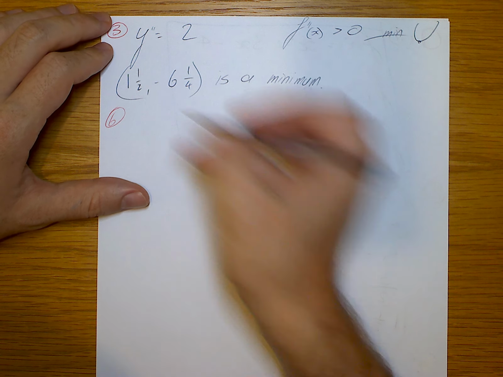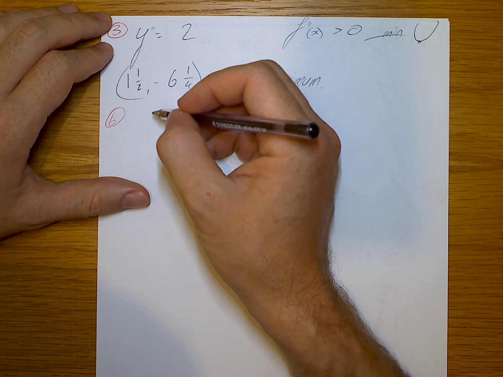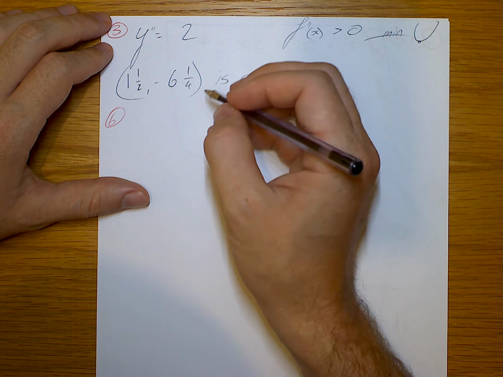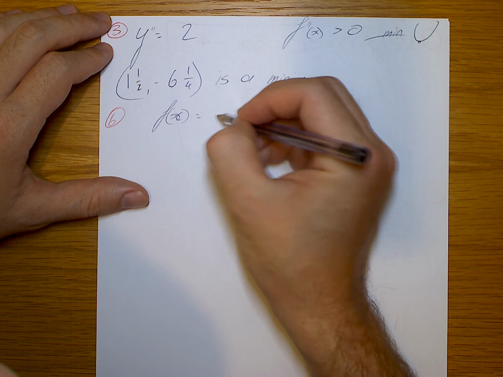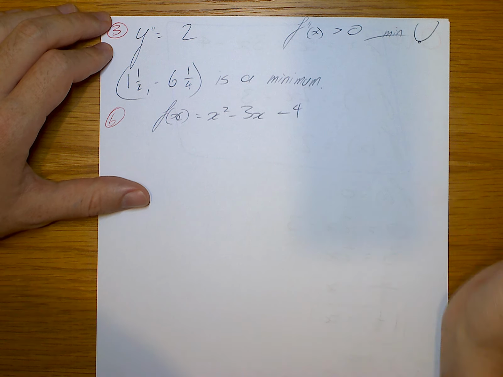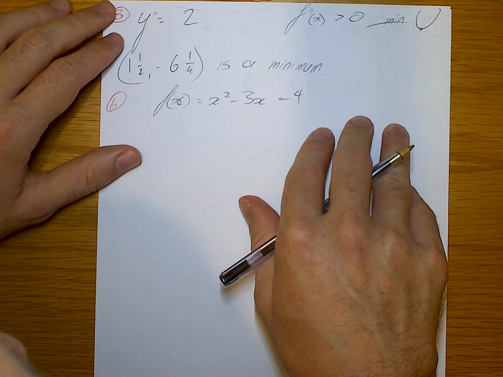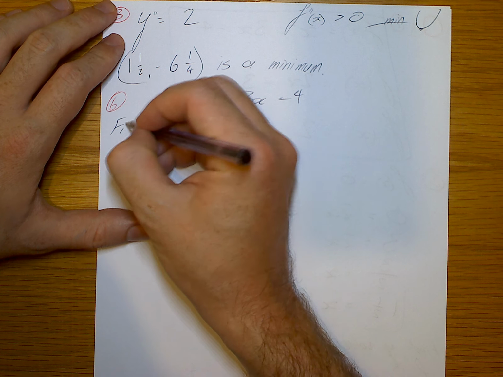X and Y intercepts. Now, this is when the x is going to equal 0 and the y is going to equal 0, and we find for that. So our original function was this. And I'm going to find the y-intercept.